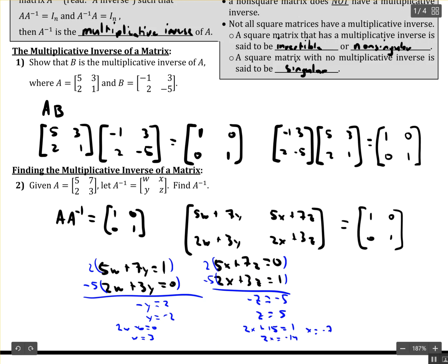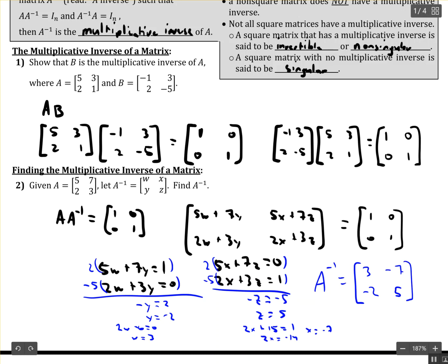So my answer ends up being A inverse equals, see here, w was 3, x was negative 7, y was negative 2, and z was equal to 5.